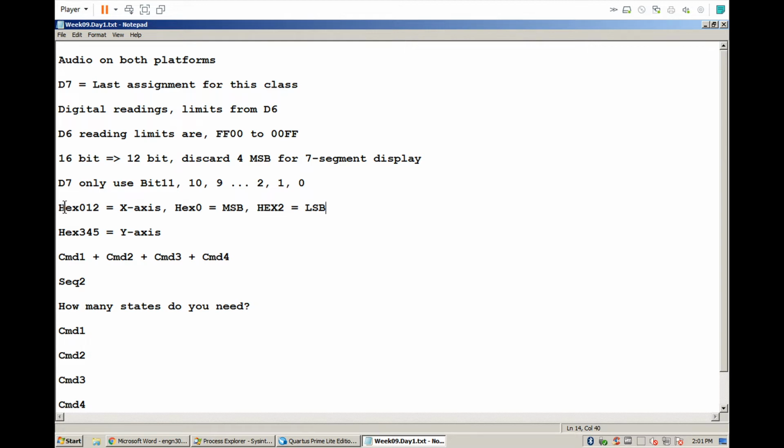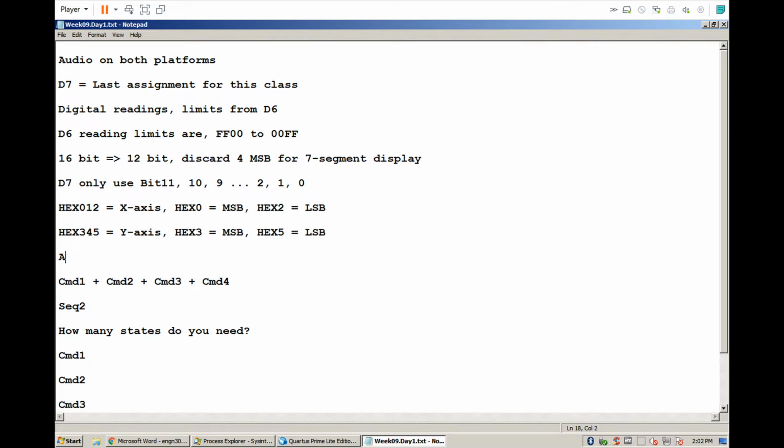Let's use uppercase and not lowercase. Hex 3 is MSB, hex 5 is LSB. Remember, all hex are upside down.